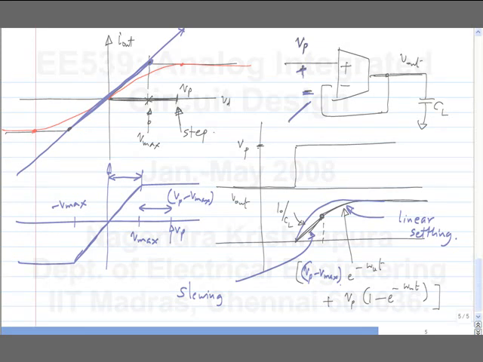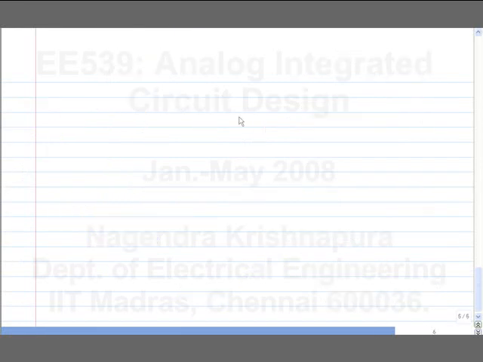The question was how one gets the sum of exponentials for linear settling. If you have a first order system, something like this. Now, let's say u is a unit step, that is a piecewise constant. In general, u can be a function of time, but I am assuming it's a piecewise constant. So u is 0 for t less than 0 and u is some Vp for t greater than 0.